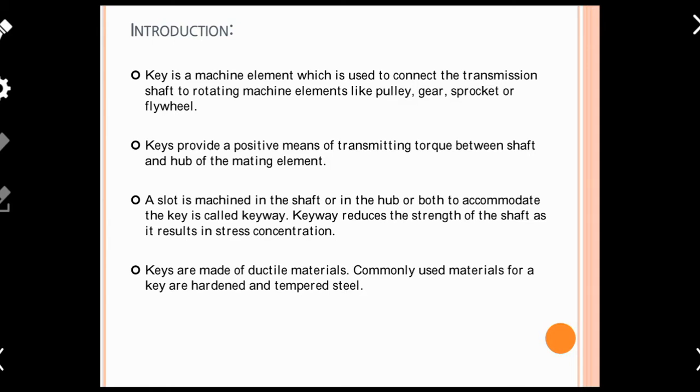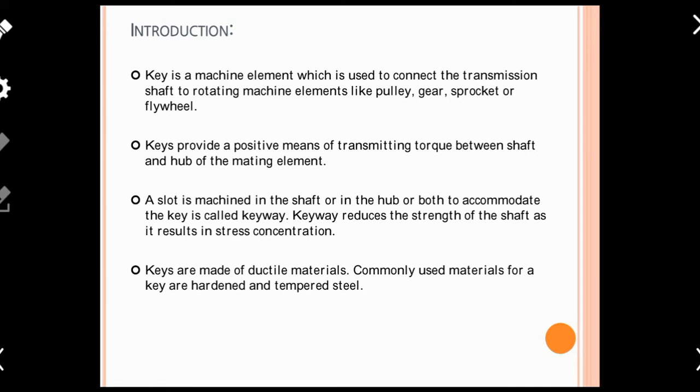You have seen that the shaft has some rotating members required for the power transmission. For example, a gear, a pulley, and of course a sprocket. So the main focus here is that the key couples or connects the shaft and the rotating member which is mounted on that particular shaft.